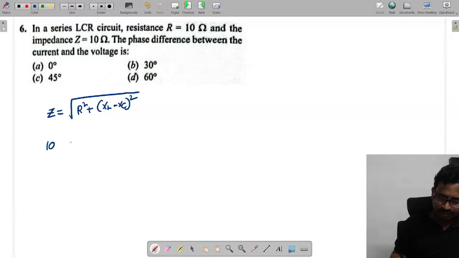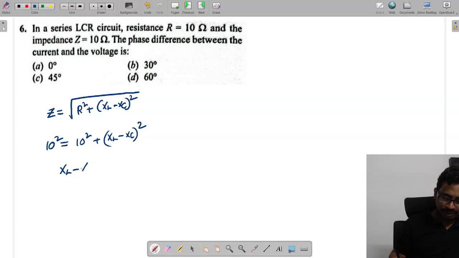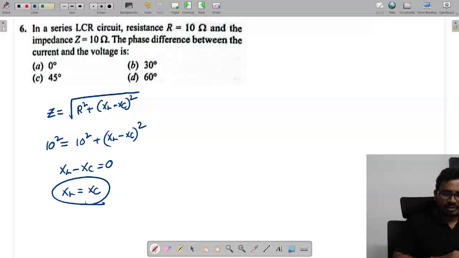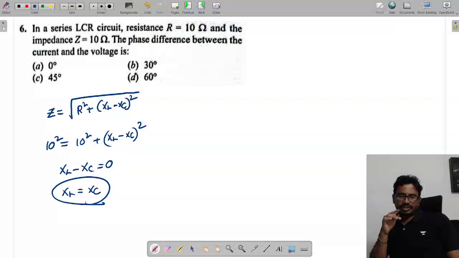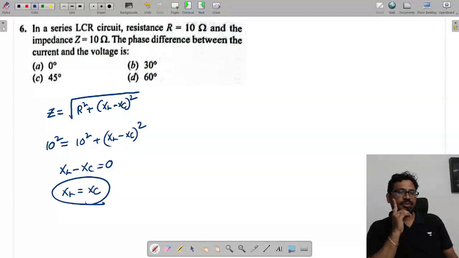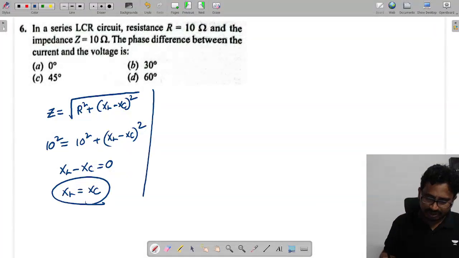Z is given as 10, R is 10, so XL minus XC is equal to 0, that means XL is equal to XC. Inductive reactance and capacitive reactance are both equal.